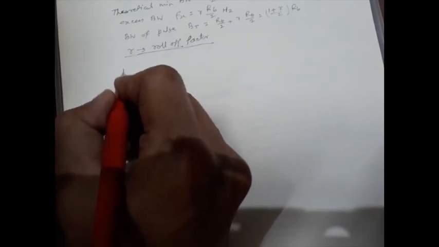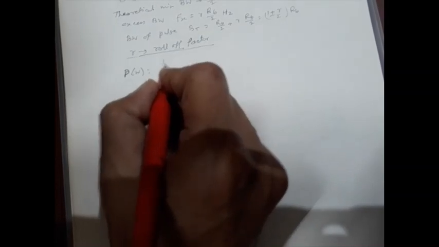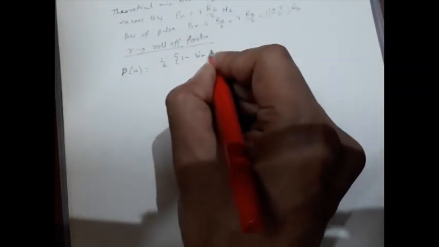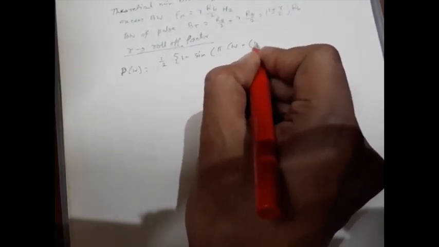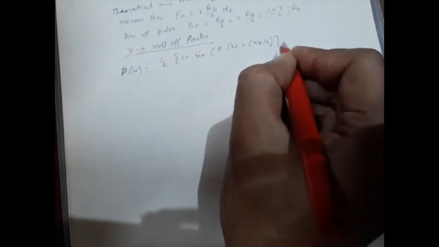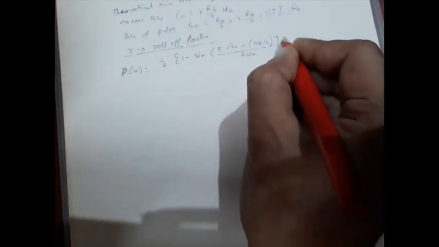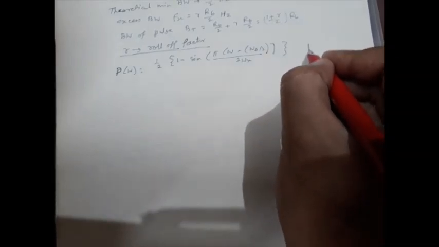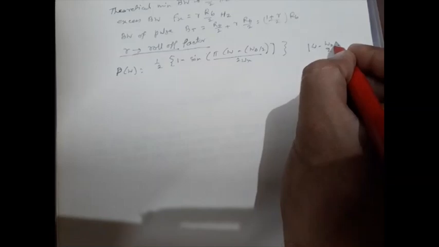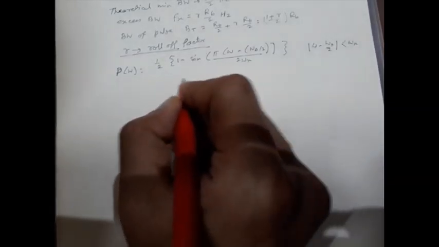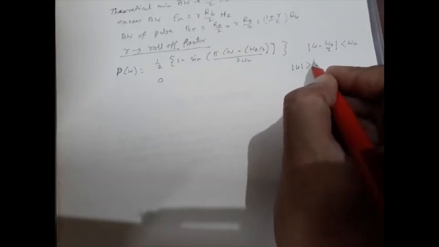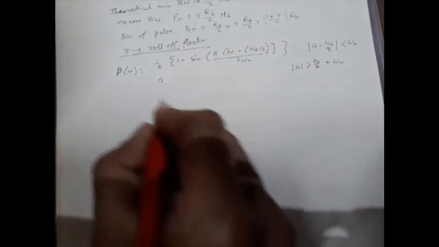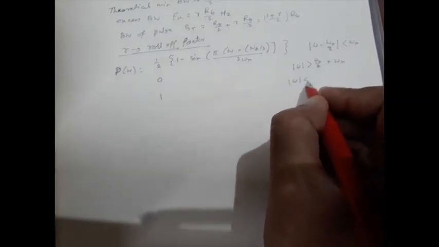One family of pulses that satisfies this Nyquist criteria can be written as P omega equal to half of 1 minus sine of pi times omega minus omega b by 2, divided by 2 omega x, for magnitude of omega minus omega b by 2 less than omega x; 0 for magnitude of omega greater than omega b by 2 plus omega x, and 1 for the reverse case.